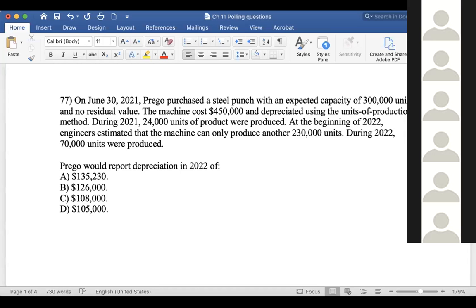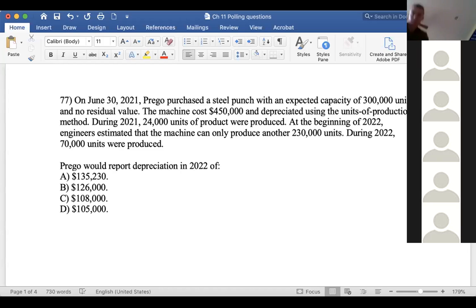So you did the 450,000 divided by the 300,000, which gave you $1.50 per unit. Yes, 1.5 would be the amount per unit. How many units did they produce during 2021? 24,000. So the $1.50 times the 24,000 gives you depreciation of 36,000.